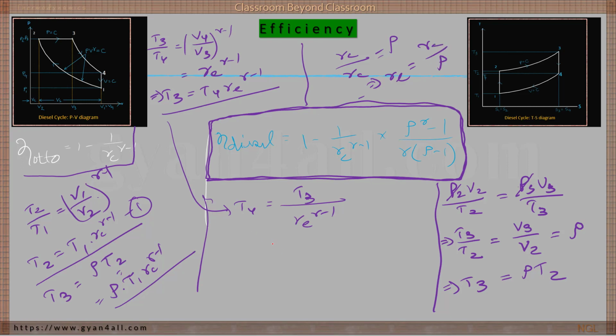So in place of RE we can write RC divided by rho. So we can write T4 equal to T3 divided by RE, that is RC to the power gamma divided by rho to the power gamma. So it will be T3 rho to the power gamma, divided by, oh sorry, gamma minus 1, it should be rho to the power gamma minus 1, RC to the power gamma minus 1. Thank you. So what is T4 we have got?